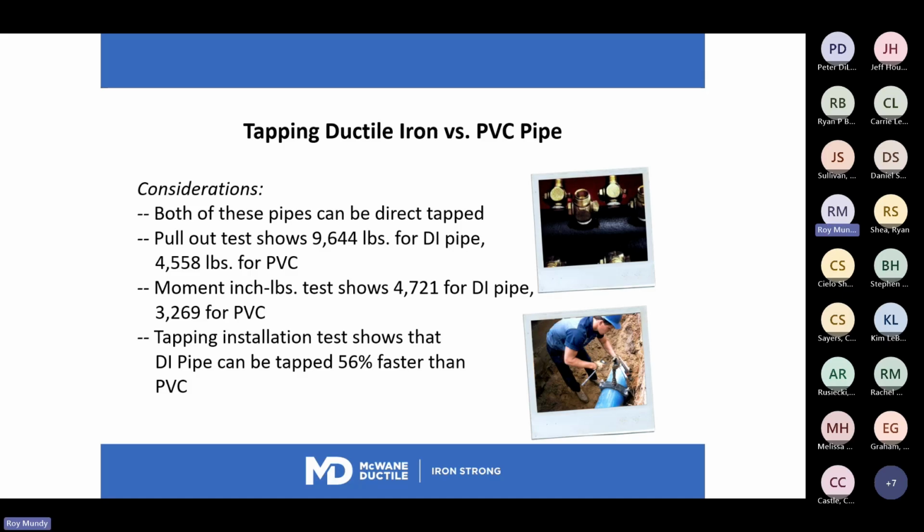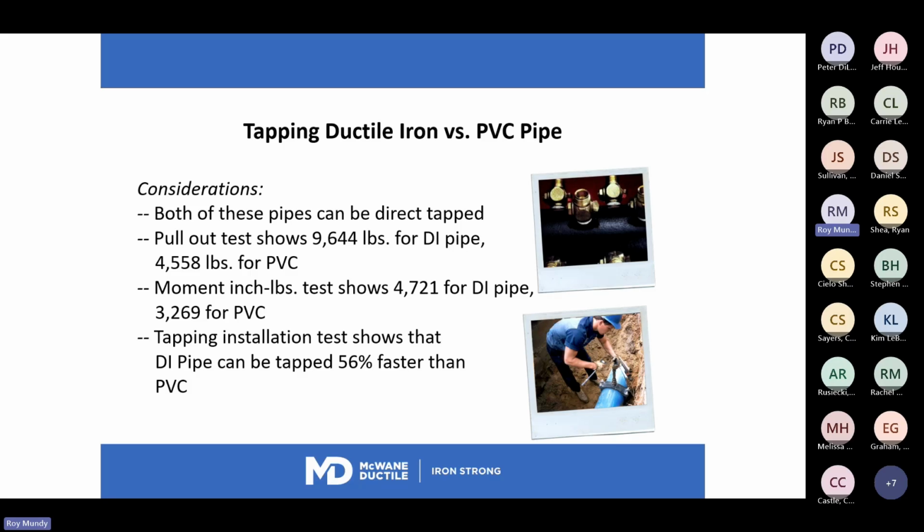So, as I mentioned, Tom has tapping crews, and in addition to installing pipe, he is also contracted to go out and put in new taps with his tapping crew. What you see on the screen is the obvious engineering data on the pull-out forces and moment forces of taps on ductile iron pipe versus PVC pipe.